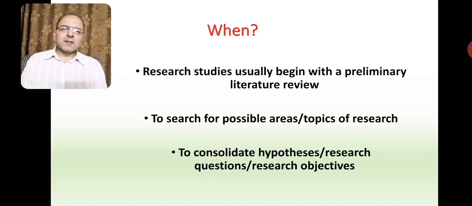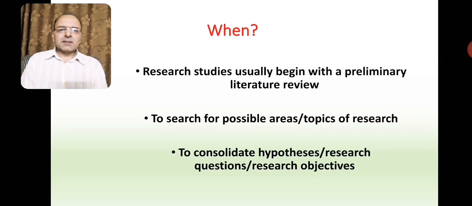So when the taught courses end, the first thing on the minds of the research students is what topic should I work on for my thesis? And so usually supervisors, professors and teachers tell them to begin with reading something related to areas of their interest. So here is how it begins.